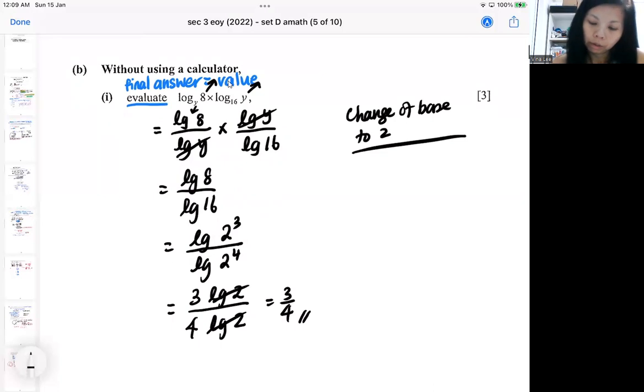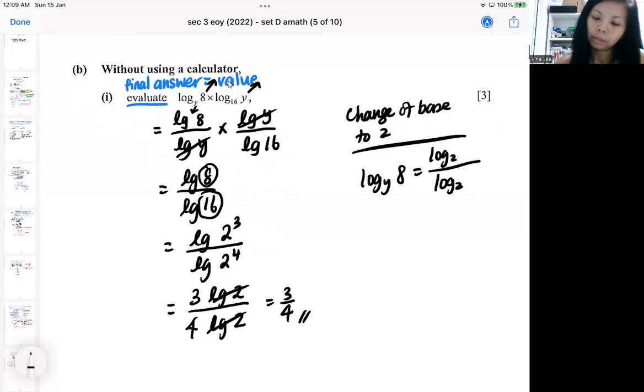Why is it a 2? Because these two numbers have a common base. So you can give it a try. I just show you the change of base. You change your base to 2, and you try to see whether you get the same answer or not.